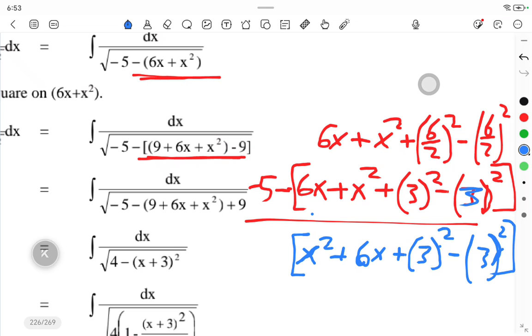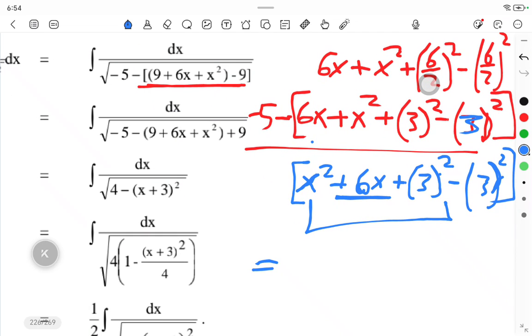We wanted this one because this sign here is positive, the middle one is positive, so we're going to take this one off, which is positive. You see, right? Now here we're going to have x plus 3 all squared. Then this one we can just say minus 9.